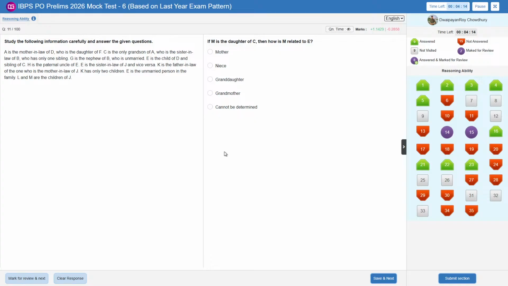If M is daughter of C, how is M related to E? If M is daughter, then M is niece. Second person is daughter of the first. So E, D, E, no option. A, H, C, A. Okay, let's check.